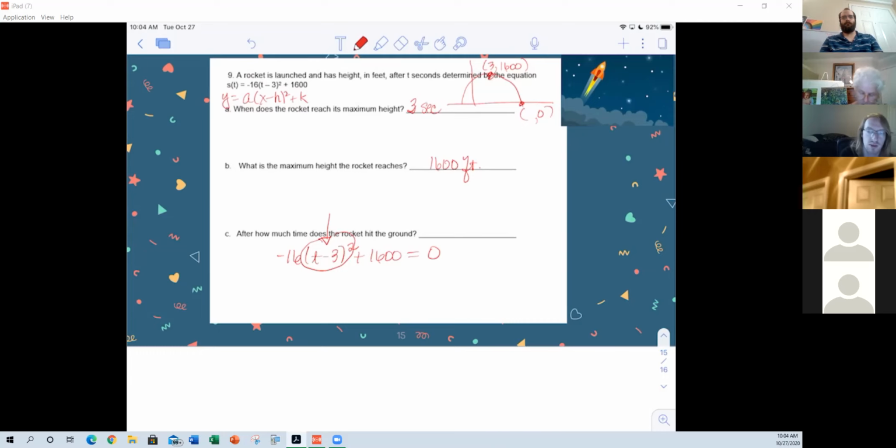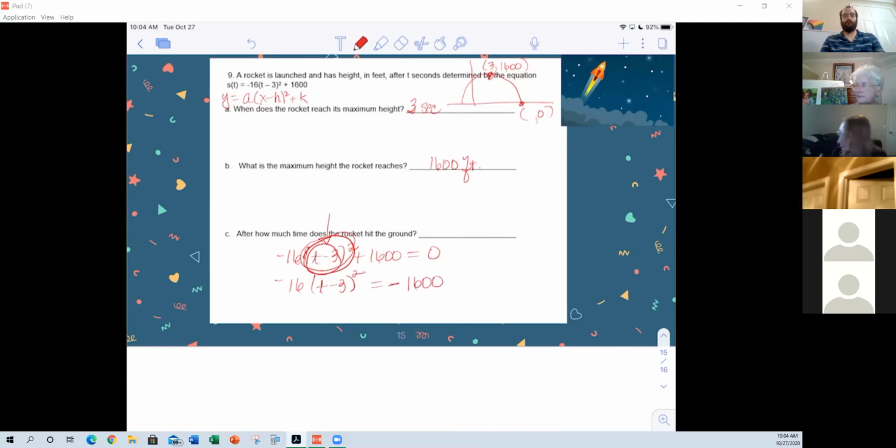Subtract 1600 from both sides. Exactly, because we want to get this piece by itself. So I'm going to say negative 16 times (t minus 3) squared equals negative 1600, after subtracting 1600 from both sides.